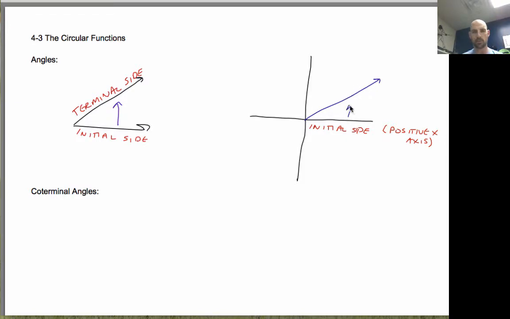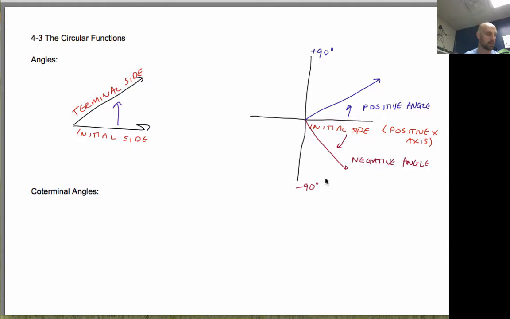So if it opens up this way, this is a positive angle. So we're going to measure that in positive degrees. So this would be like positive 90 degrees, right? It would open up to a 90-degree angle. If it opens up down initially, this is going to be a negative angle. So like this would be negative 90.